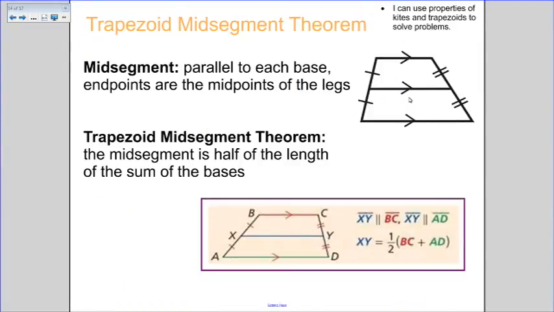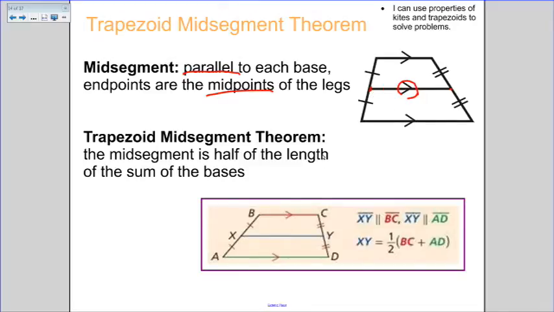Okay, our last thing we're going to talk about is the trapezoid mid-segment theorem. The trapezoid mid-segment theorem says that the mid-segment is parallel to each base and its endpoints are the midpoints of the legs. So the mid-segment runs parallel, you can see here, to the top base and the bottom base, and its endpoints bisect the legs.